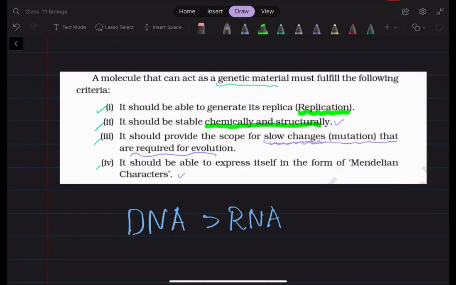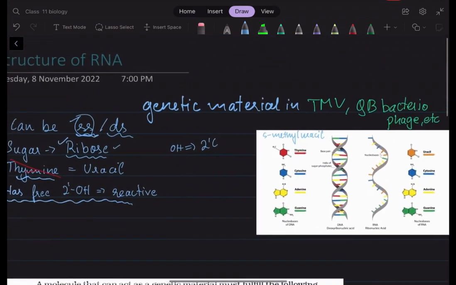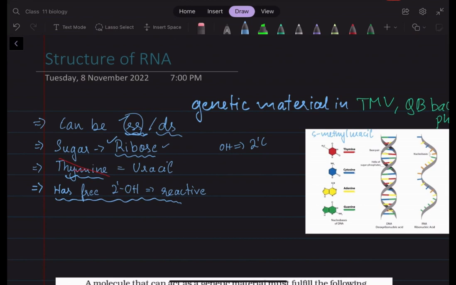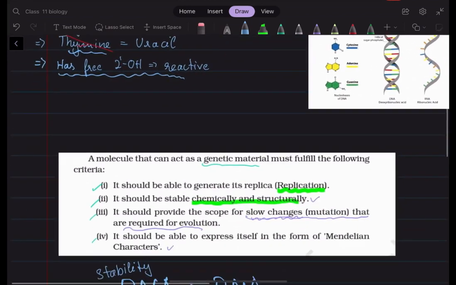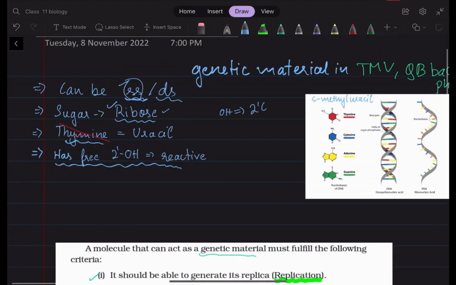Considering these points, we can say that DNA is definitely more stable. In the form of stability, it is more stable because RNA has a free OH group which can be reactive, and it has uracil instead of thymine.